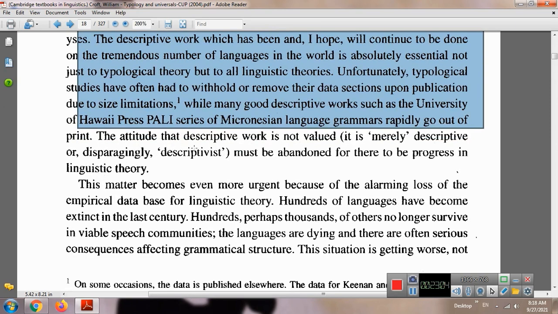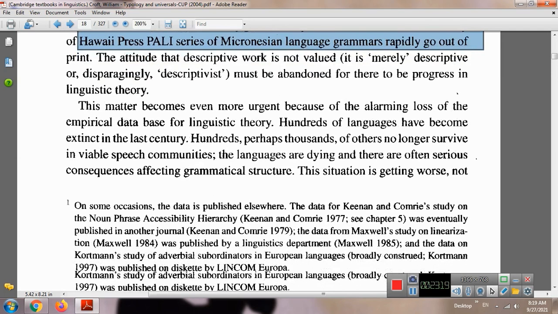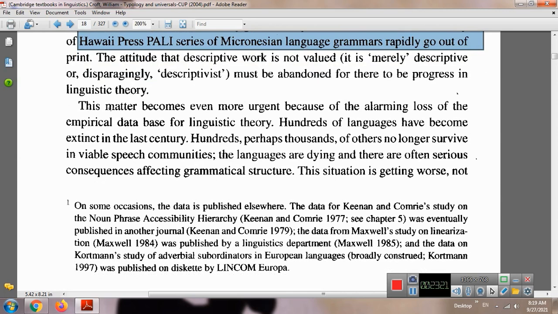The attitude that descriptive work is not valued, that it is merely descriptive or disparagingly descriptivist, must be abandoned for there to be progress in linguistic theory.